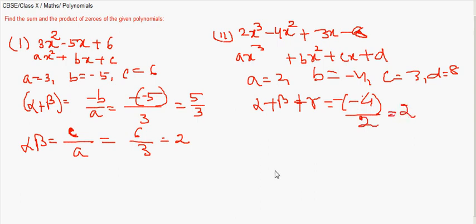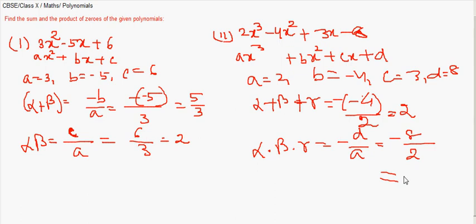And alpha beta gamma, the product of the zeros, is given by minus d by a. This is a little different to the one which you learnt in the previous part. So it is minus of minus 8 by 2.